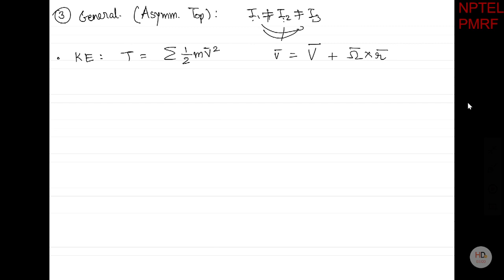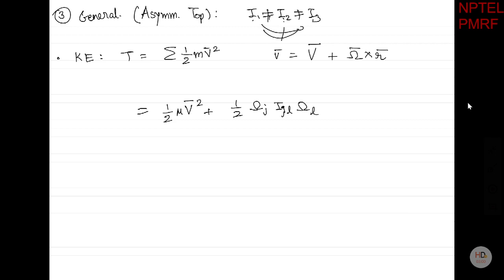And when you put this in, at the end you get something like half mu V square plus half omega_j I_jl omega_l. Okay, so how do you read this kind of equation?